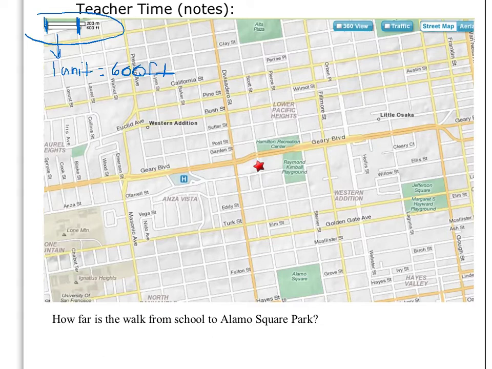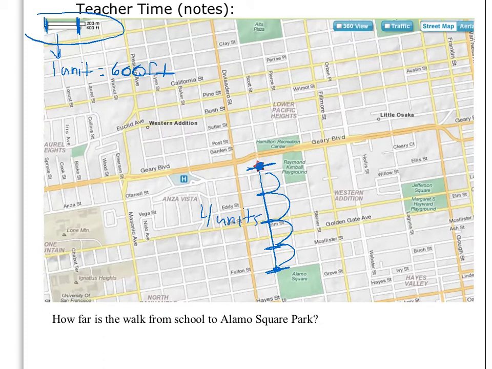So I can measure the distance from school to Alamo Square Park, and I can use these units. That's about a unit, about a unit. So it's about 1, 2, 3, 4 units. So my distance from here to here is about 4 units.